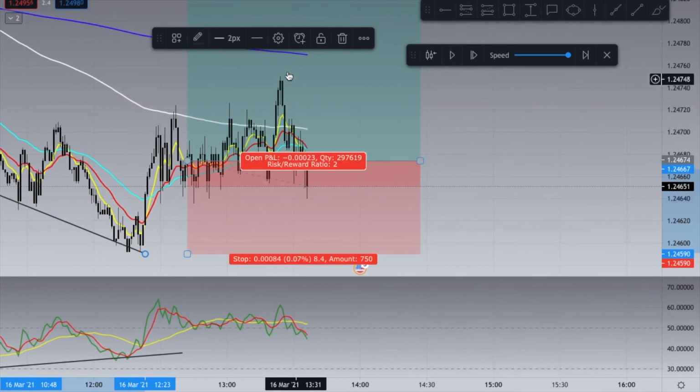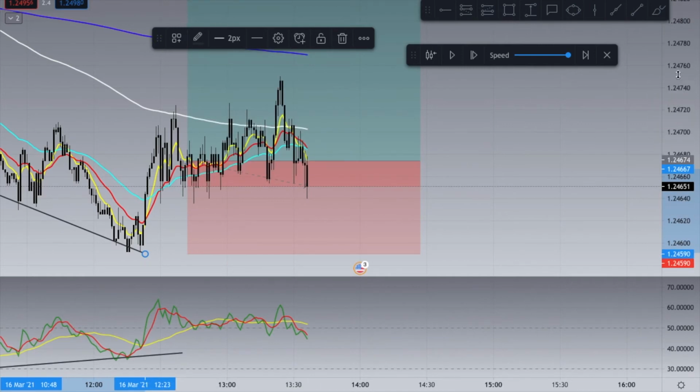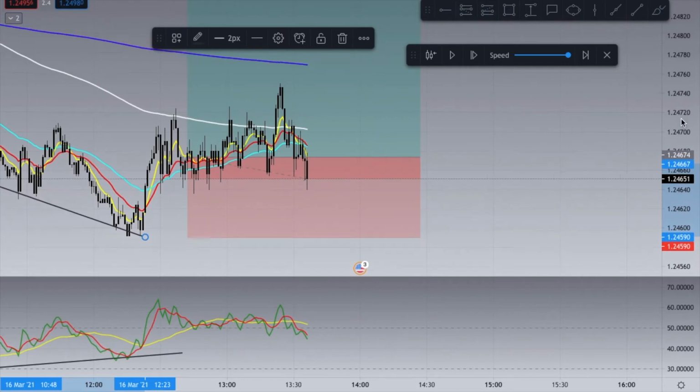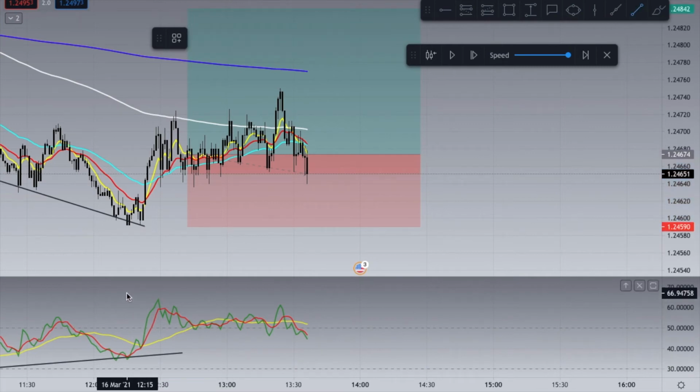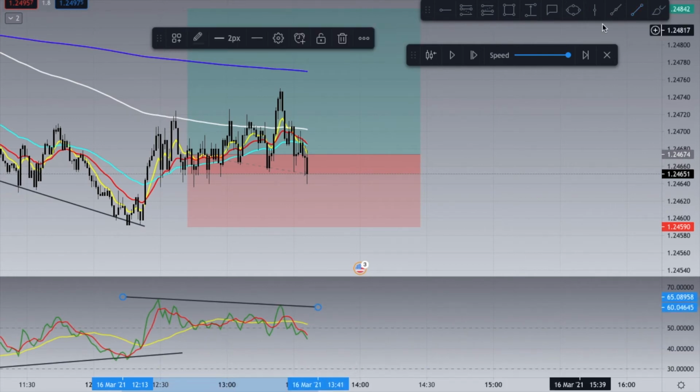At this point, this was actually the high of the trade. But if you look at the RSI at the bottom, you can clearly see that it's actually forming bearish divergence back the other way, right?